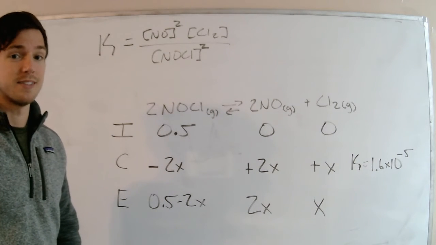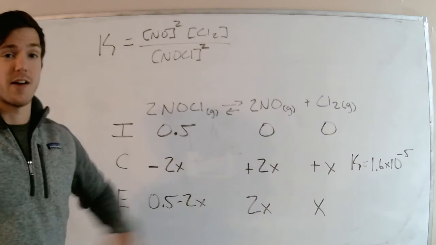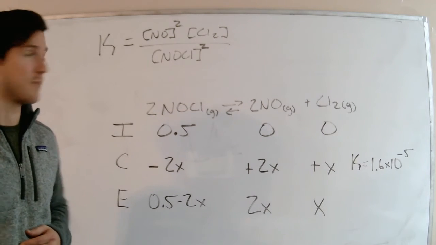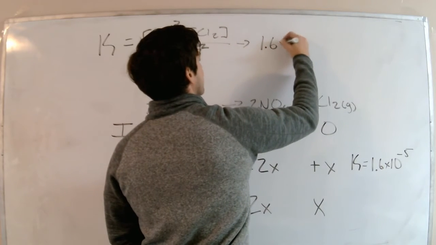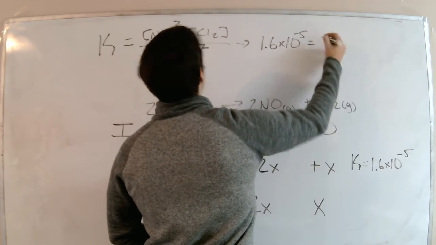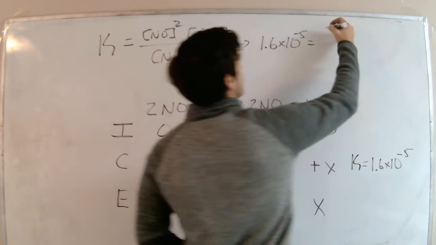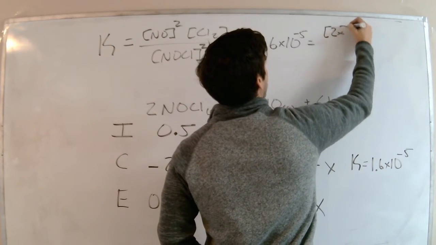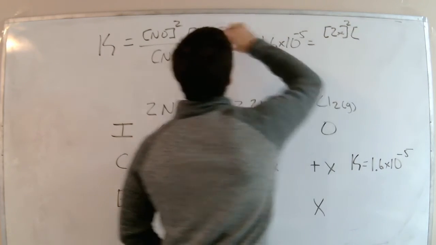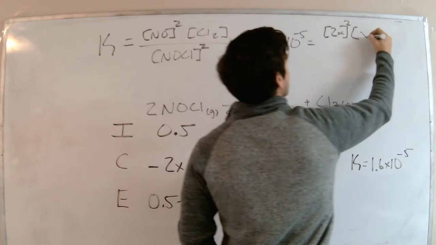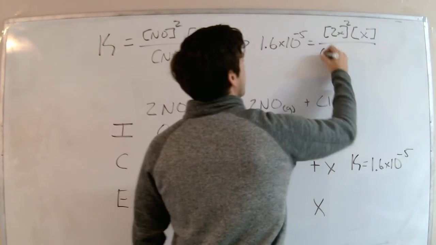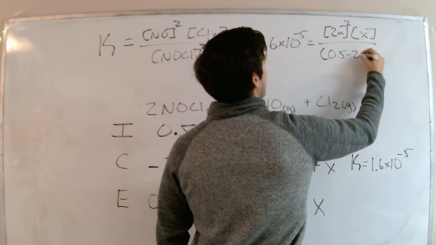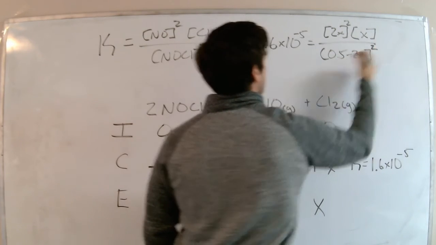Okay, now let's plug in our values and see if we can get anywhere from this. I know my K to be 1.6 times 10 to the negative fifth. I know NO is 2x, so 2x squared. I know Cl2 to be x, and I know NaCl to be 0.5 minus 2x, squared.